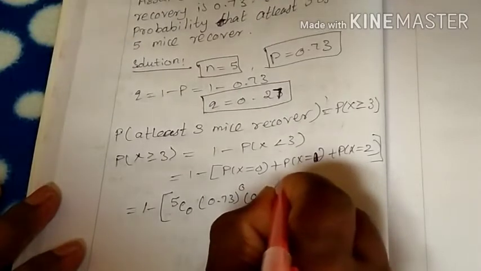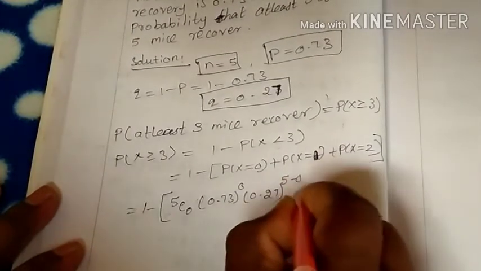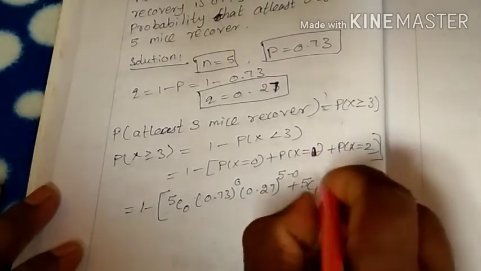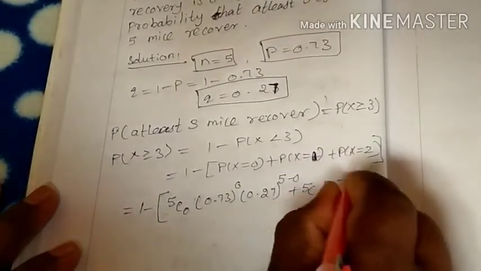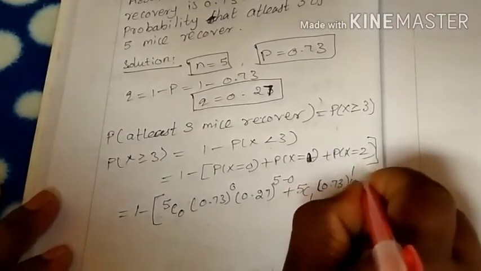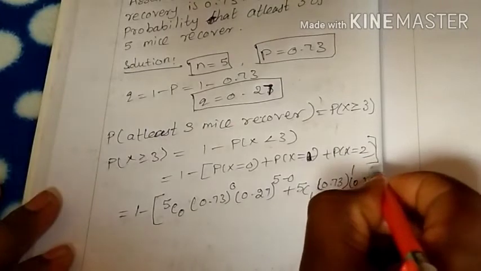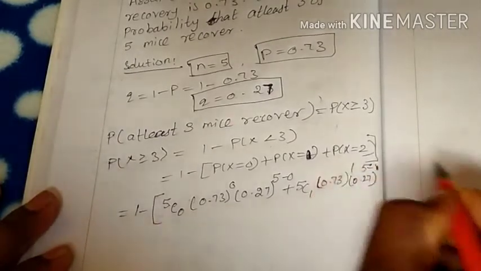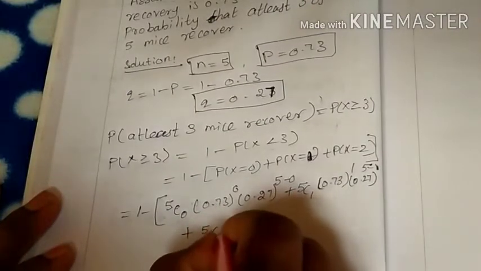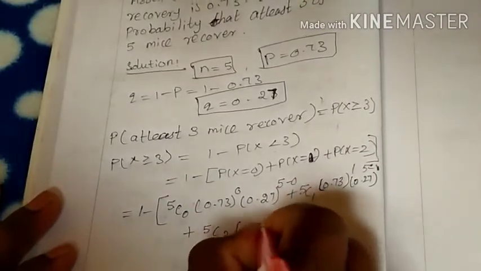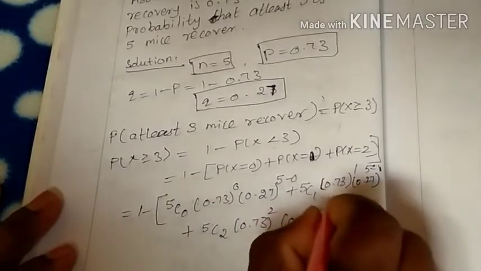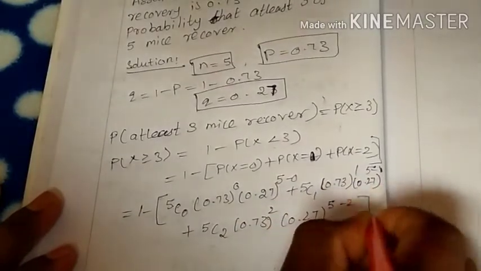n is 5, minus x is 0, plus 5C1, because now x is equal to 1, 5C1 0.73 power 1, then 0.27 power 5 minus 1, plus 5C2 0.73 power 2, 0.27 power 5 minus 2.